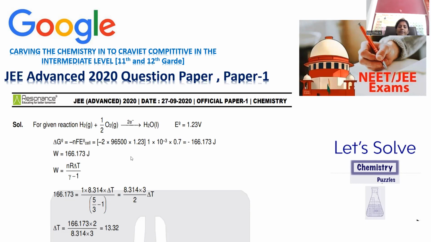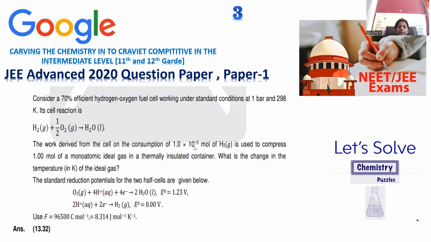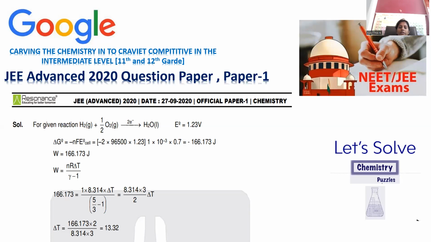So 96,500 will be taken into 1.23, and 1 × 10^-3. 1 × 10^-3 is the number of moles of hydrogen gas consumed for this reaction. We are taking that one.